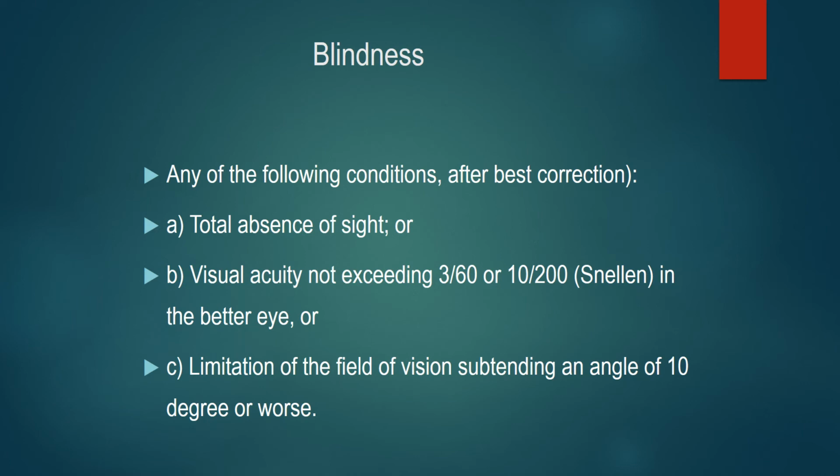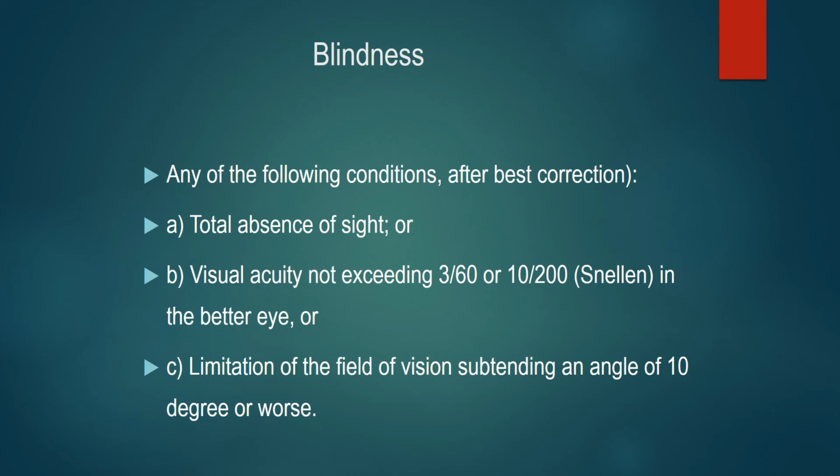It means the same object is seen by one person from a distance of 60 meter, and the second person sees the same object from 3 meter or less than 3 meter.